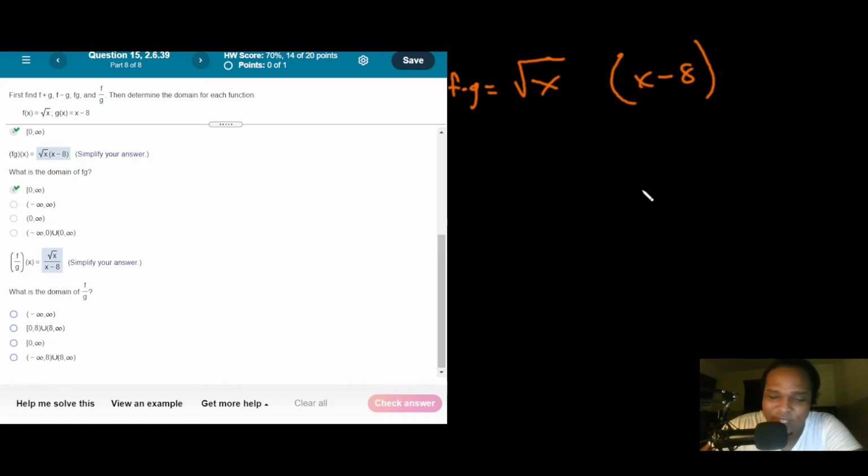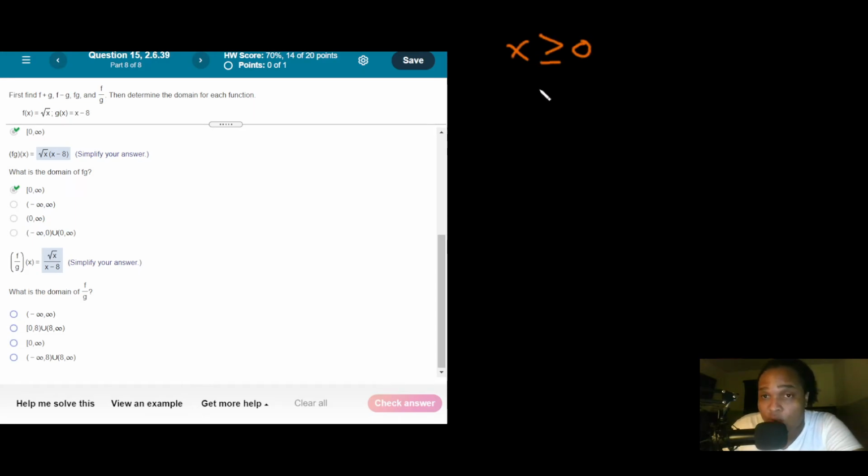So let's illustrate that. It's a little too much to keep in our brains. With the square root, x has to be greater than or equal to 0. So that's already solved. And x cannot be positive 8, right? So on the number line, we have a 0. We have our 8. Those are our key players. So x cannot be positive 8, so we're going to put an open circle here, just in case.